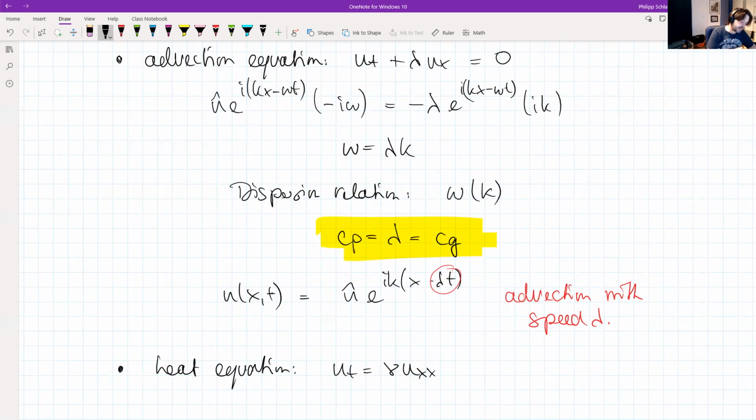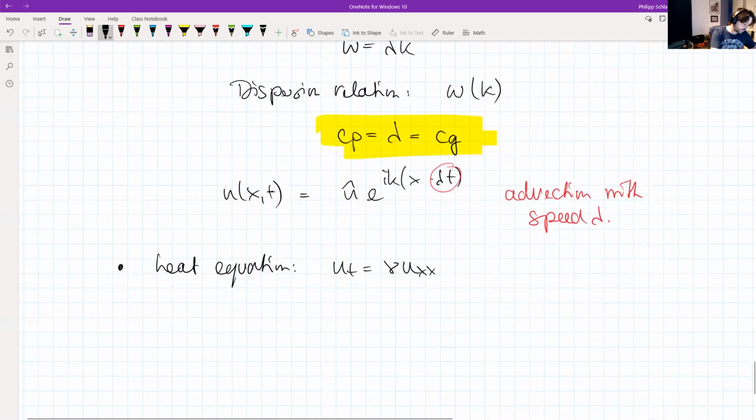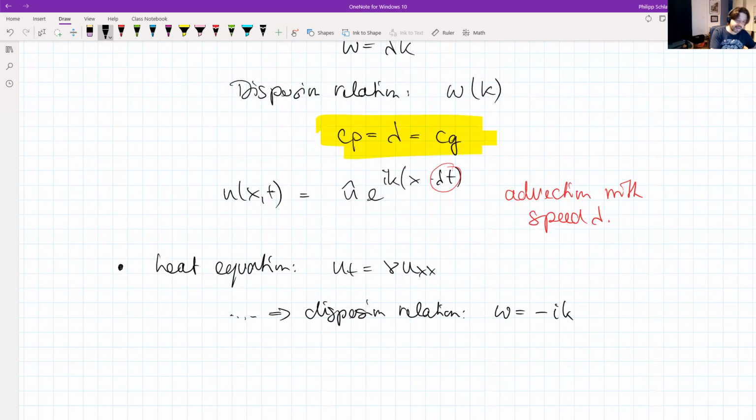Well, I do the same type of analysis. I just take my wave solution and put it in to calculate a dispersion relation. So as above, I get as a dispersion relation the following: omega is minus i nu k squared.